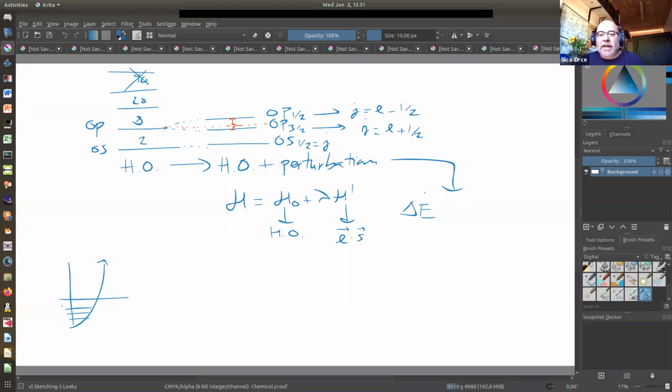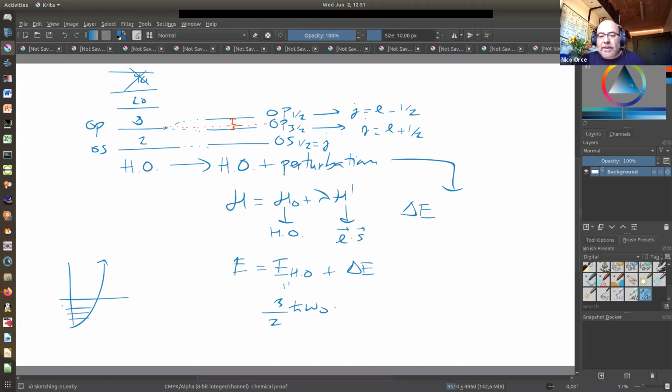The energy of the Hamiltonian is going to be the energy of the harmonic oscillator, which for the ground state was 3/2 h bar omega naught, plus this increment in energy that we are determining right now.